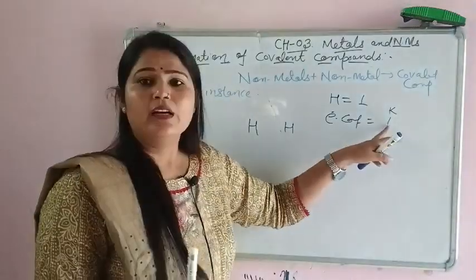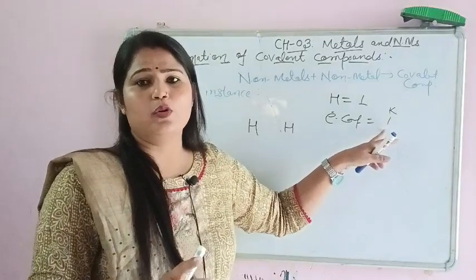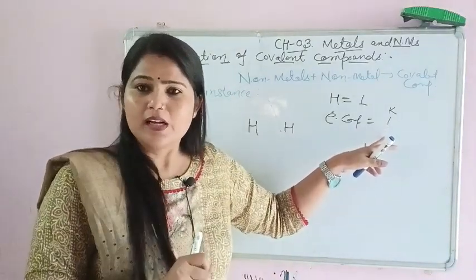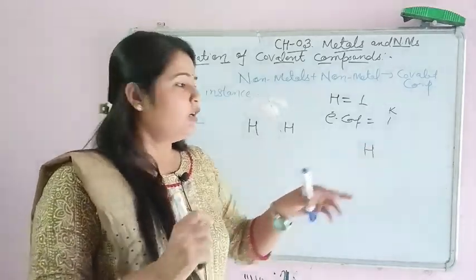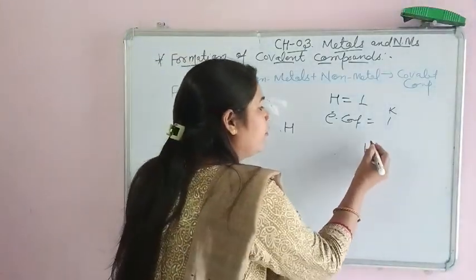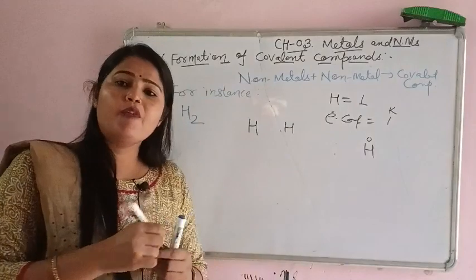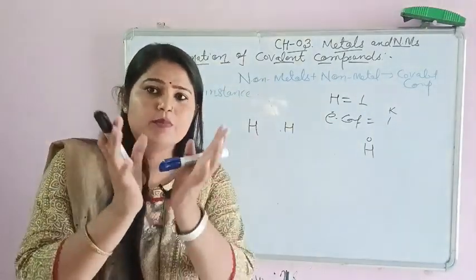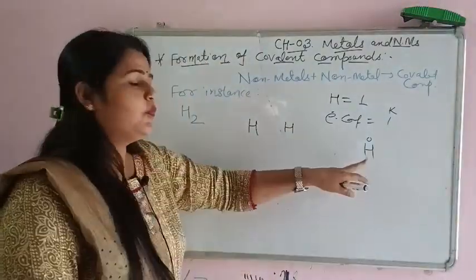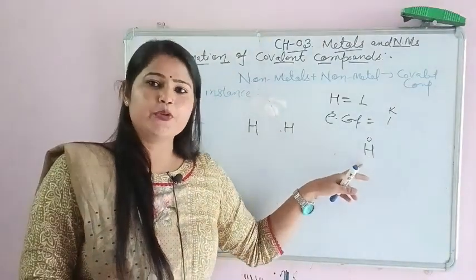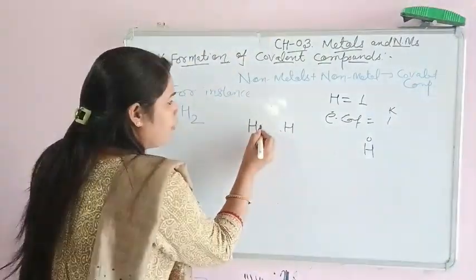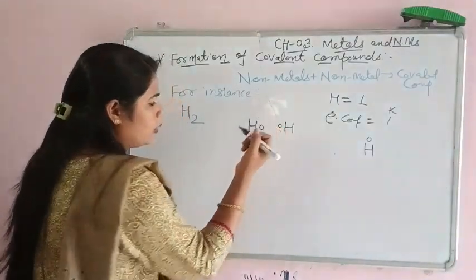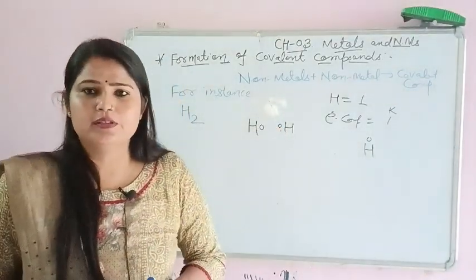We observe that there is only one electron present in the valence shell, so write this one electron in the form of a dot. We can put one electron in the form of a dot anywhere around the symbol of hydrogen. So this is the electron dot structure of hydrogen.